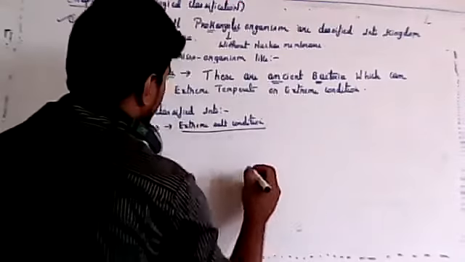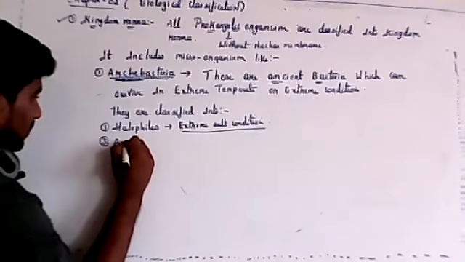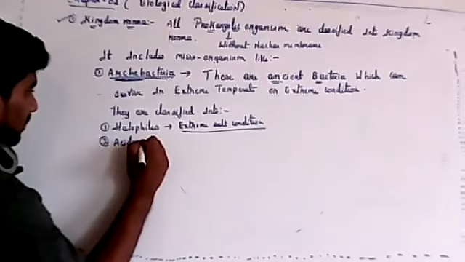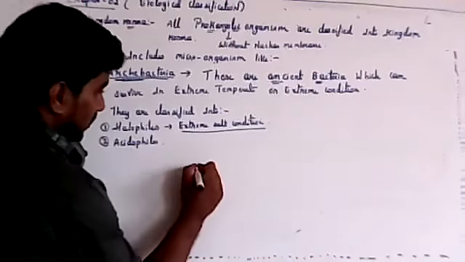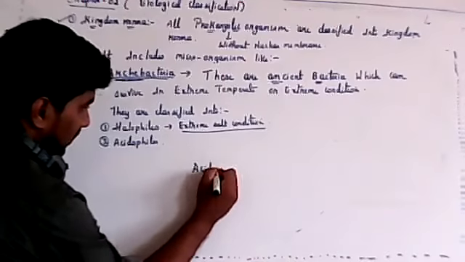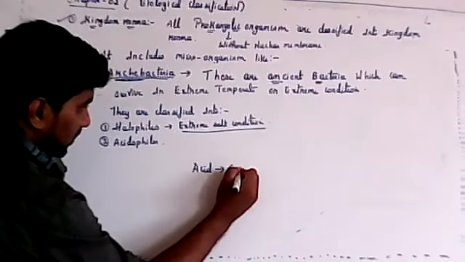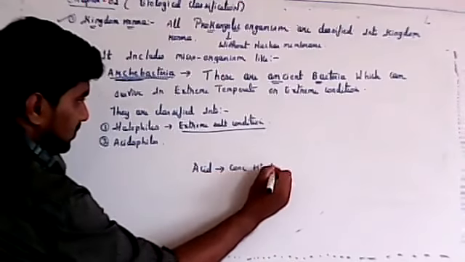The second one is acidophiles. They can survive in extreme acidic conditions. So what is acid? Acid is defined based on the concentration of H plus ions.